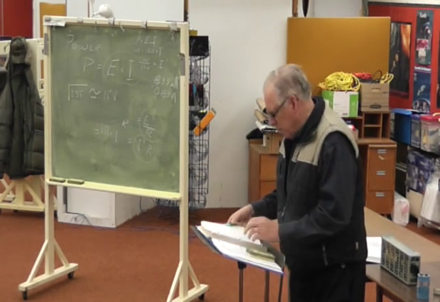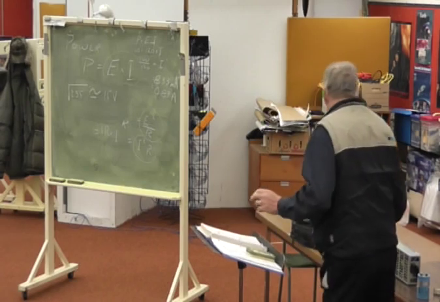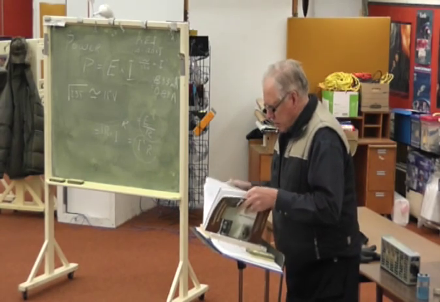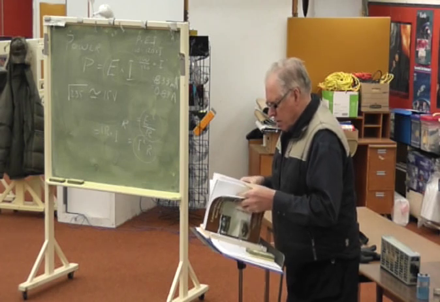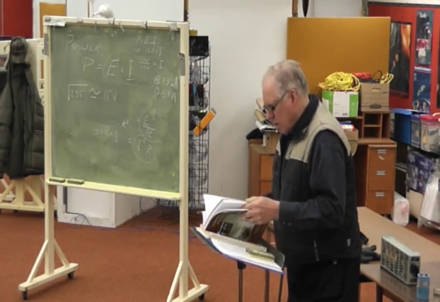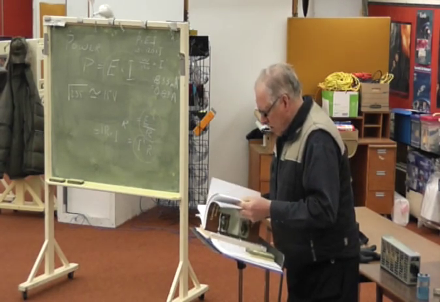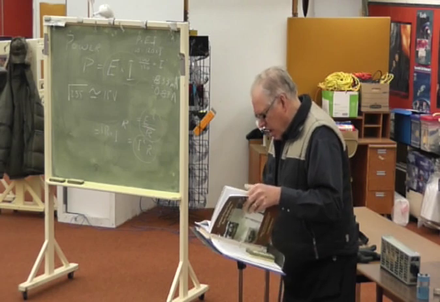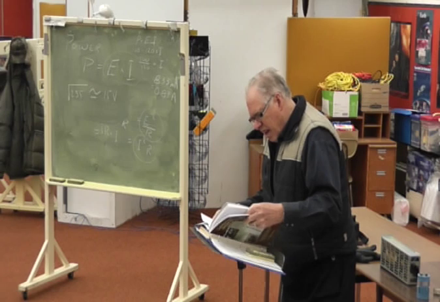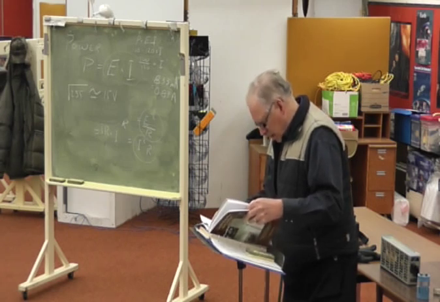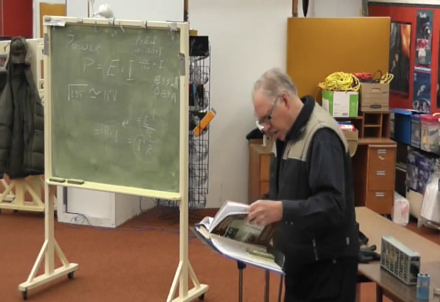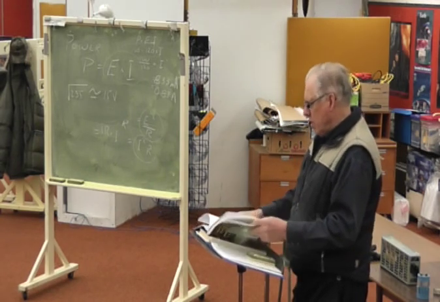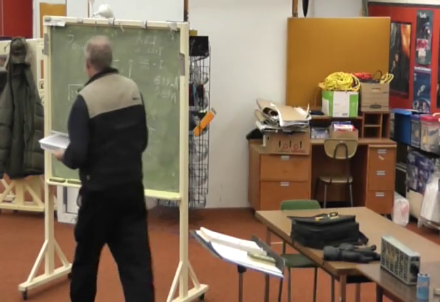Now while we're being editors, back in the appendices, at the bottom of the page, it says I equals P over R. There should be a square root sign on that.